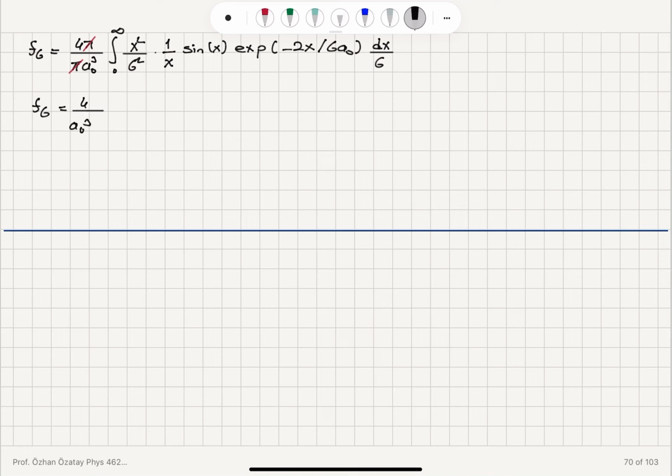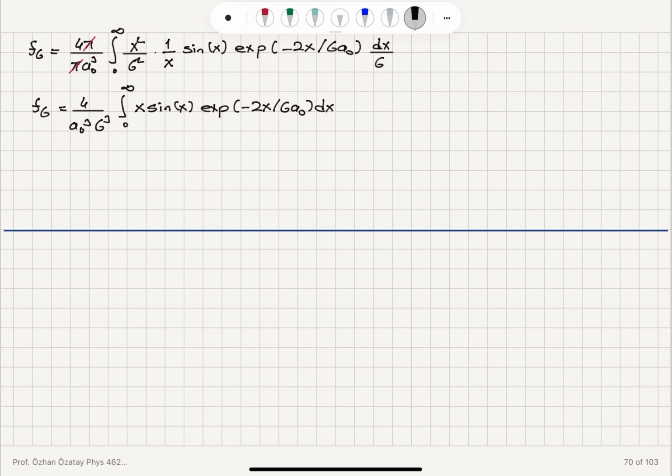Now we have a g² here and another g here, so this becomes a0³g³, times the integral from 0 to infinity. x² divided by x gives us x sin x exp(−2x/(ga0)) dx.